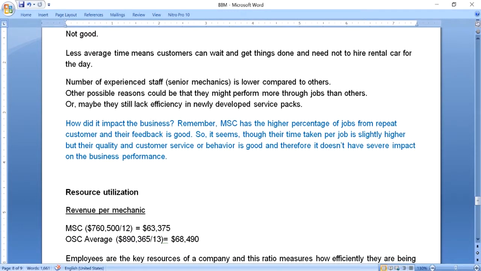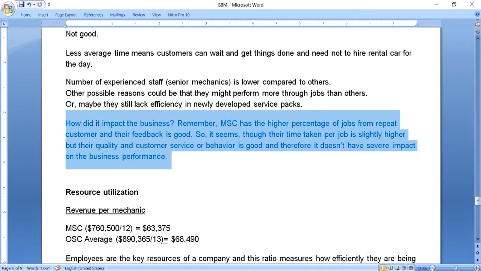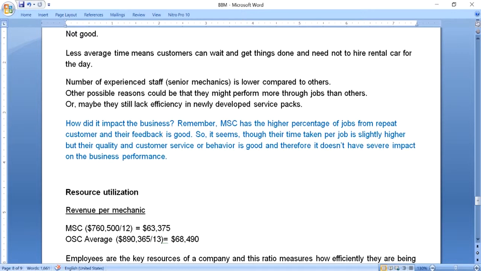Or maybe our customer service is very good, or the behavior of the staff is very good. So that is why customers are not bothered with the slightly increased amount of time that we are taking. So just state that though it is bad, it still has a very negligible impact, because we still have a very good number of repeat customers, and obviously our performance is good.